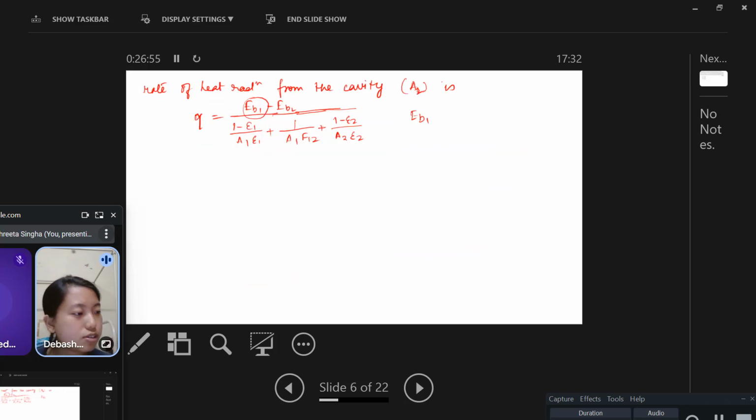So we can calculate this EB1 as sigma T to the power 4, or T1 to the power 4. So 5.67 into 10 to the power minus 8 into 1000 to the power 4. Just calculate it, how much we get.